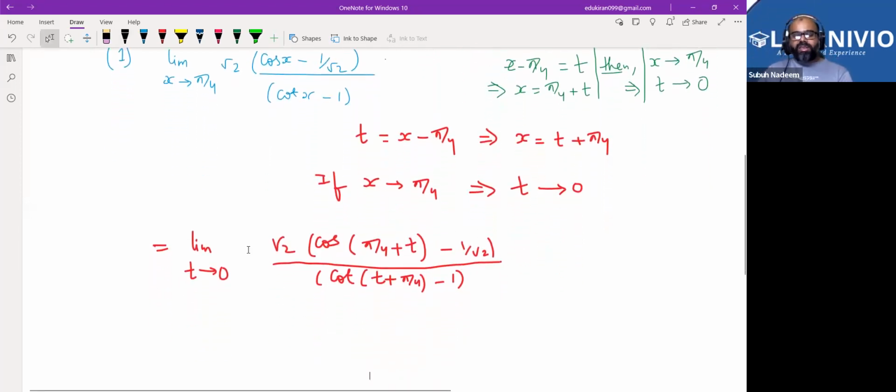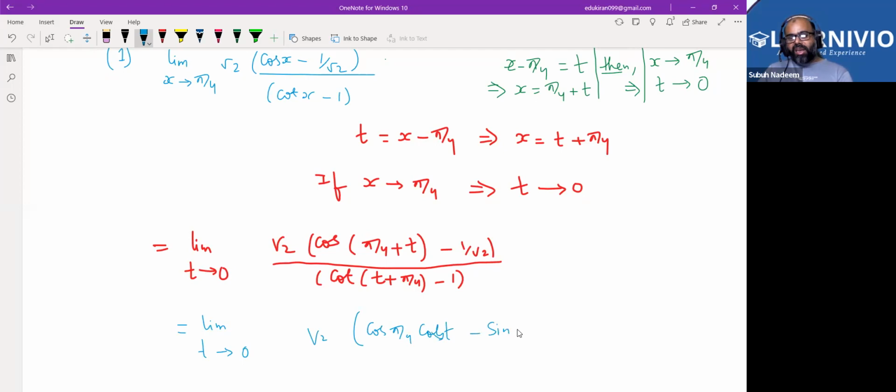I hope you have written this. Now we have to apply the trigonometric formula which we studied in class 11. Cos of a plus b is cos a into cos b minus sin a into sin b. And this is minus 1 by root 2.